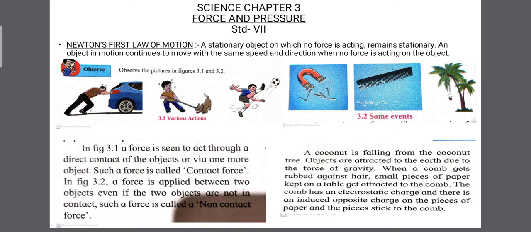Means in figure 3.1, in the first picture, a man applies a force from behind on a car. So the man touches the car from behind and applies the force, so it will come under contact force.